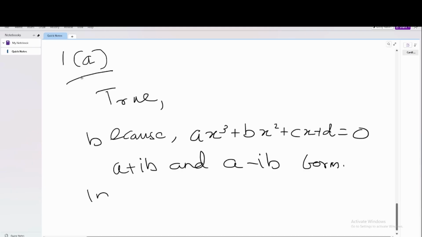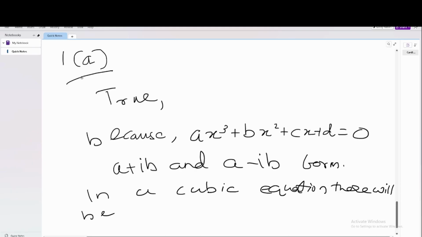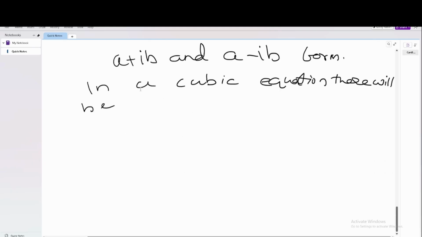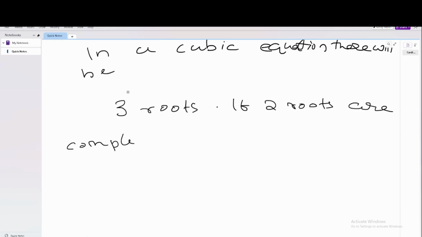In a cubic equation, there will be three roots. If two roots are complex, then one will be real.